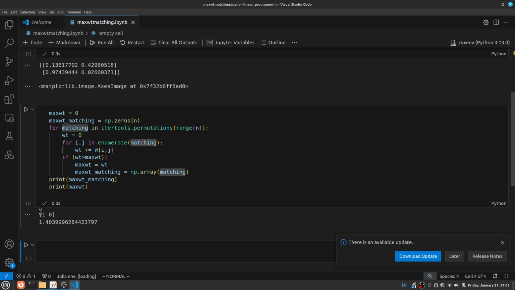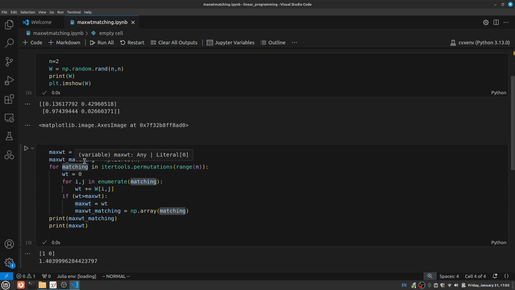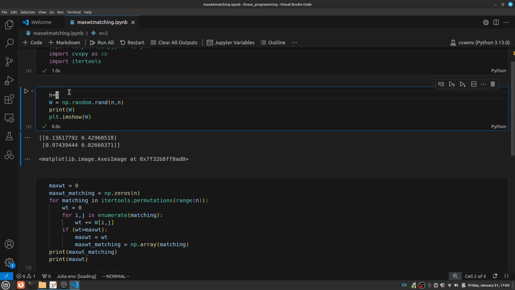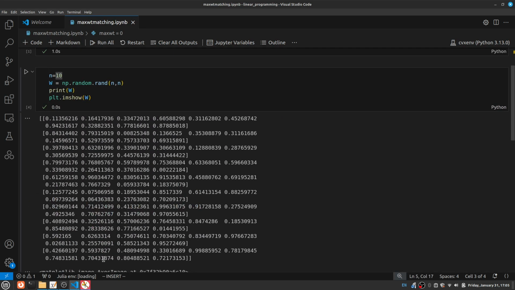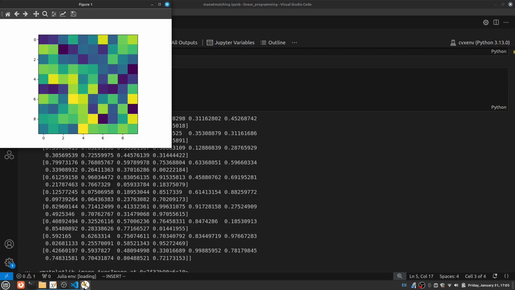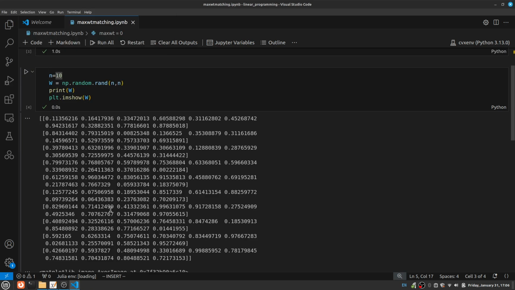Basically the indices start from 0, so 0 gets mapped to 1 and 1 gets mapped to 0, and the max weight is 1.4, as expected. Now I take n equal to, say, 10. So it's a 10 by 10 matrix. A lot of entries, hard to guess what the correct answer should be.